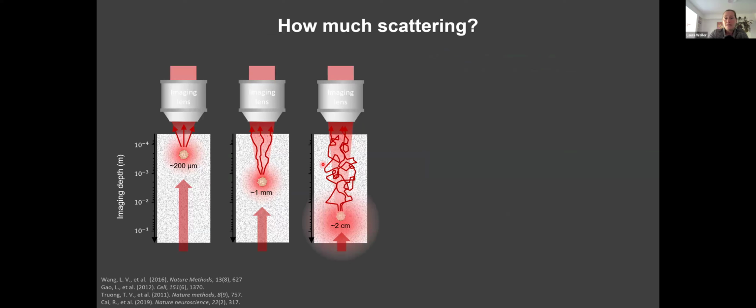And how far can we go? Basically, we're compute limited. So both capture limited and compute limited. The more scattering effects you want to undo, so the more multiple scattering you have, the deeper you want to go, the more compute you need to solve this, and the less likely your computation is actually going to be correct in the end. Because as you scatter more and more, the degrees of freedom for how light scatters increase exponentially with the number of scattering events, with depth.